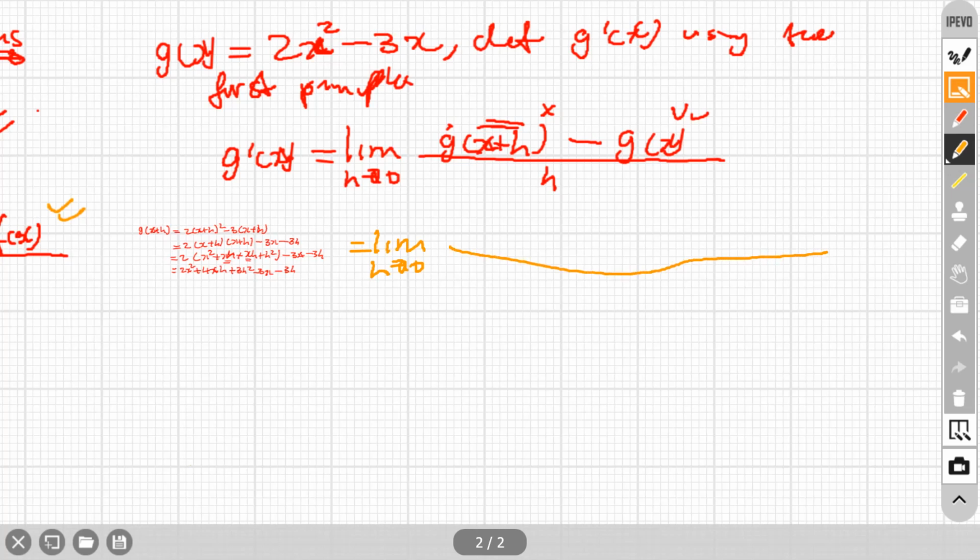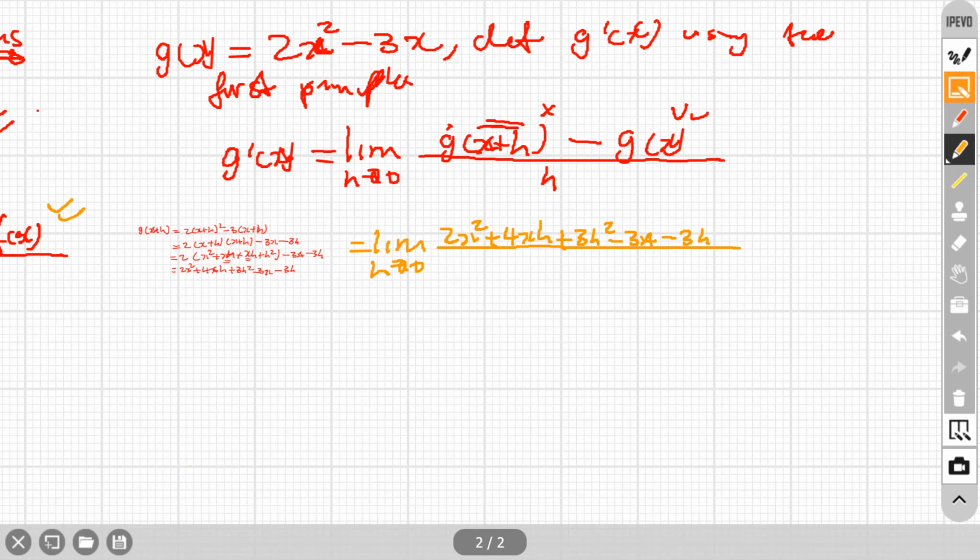Our g of x plus h, we substitute the equation here, which is going to be 2x squared plus 4xh plus 2h squared minus 3x minus 3h.